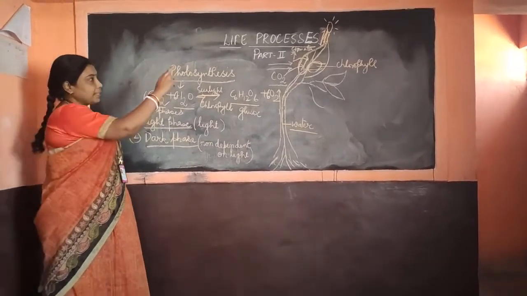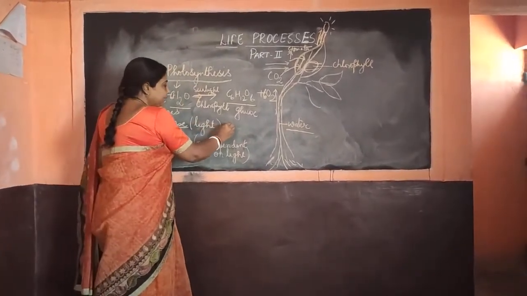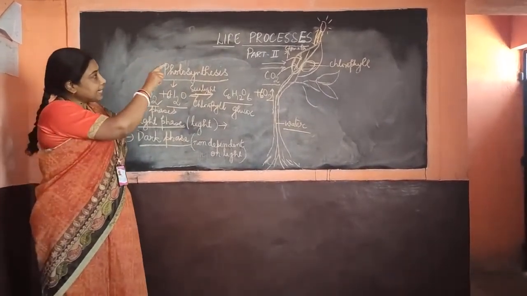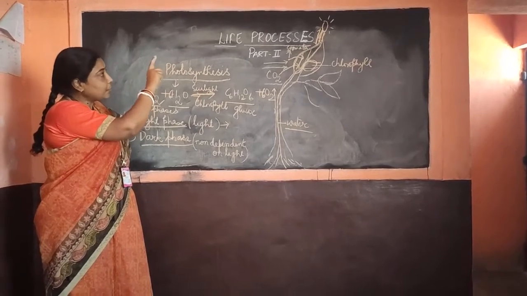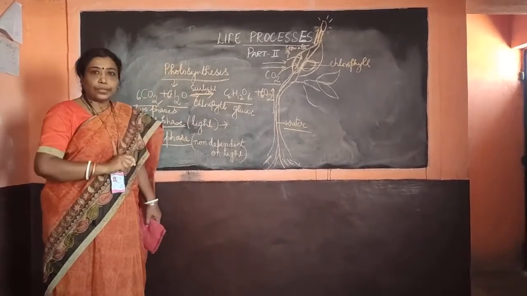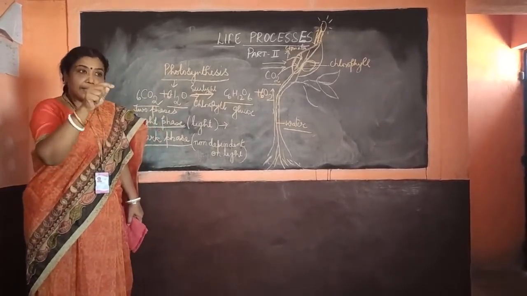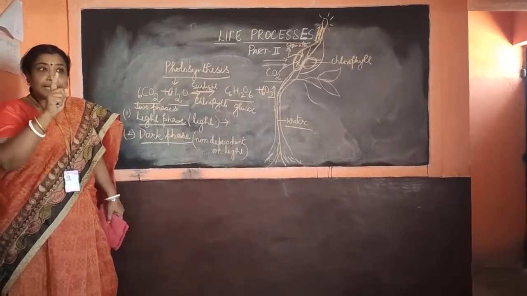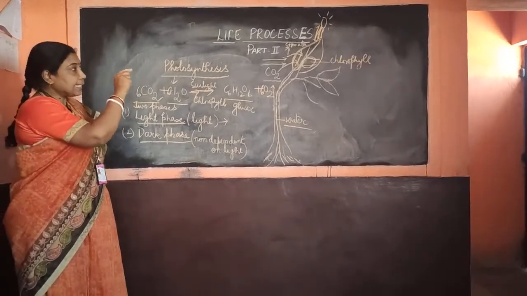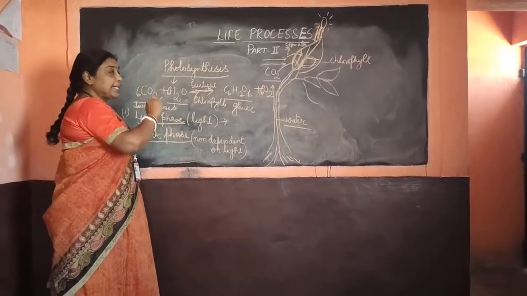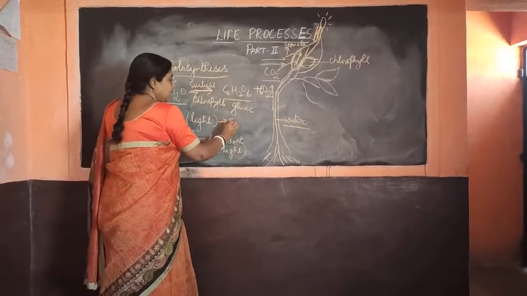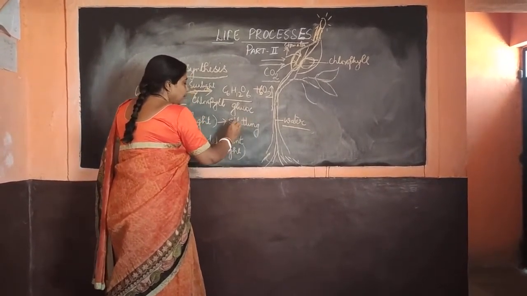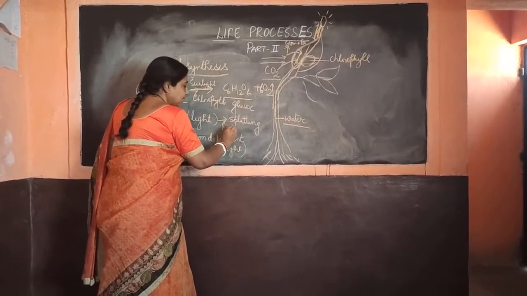In the light phase, what happens? I have told you that solar energy is being trapped by the chlorophyll molecule, and it is being converted into chemical energy. That chemical energy is splitting the water. What is it doing?